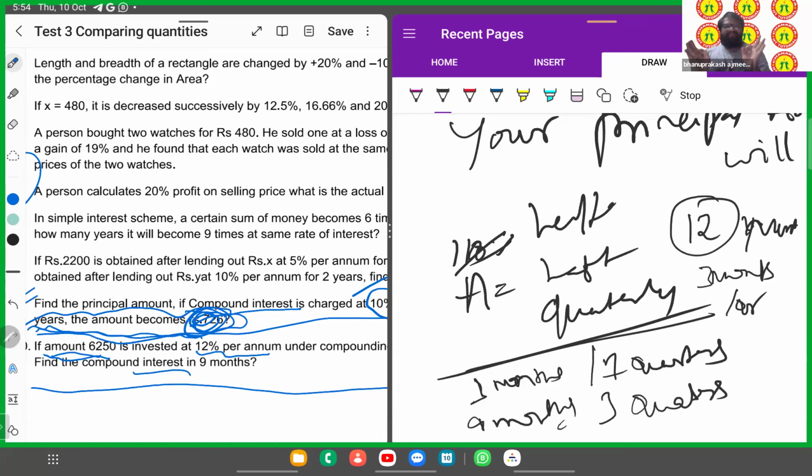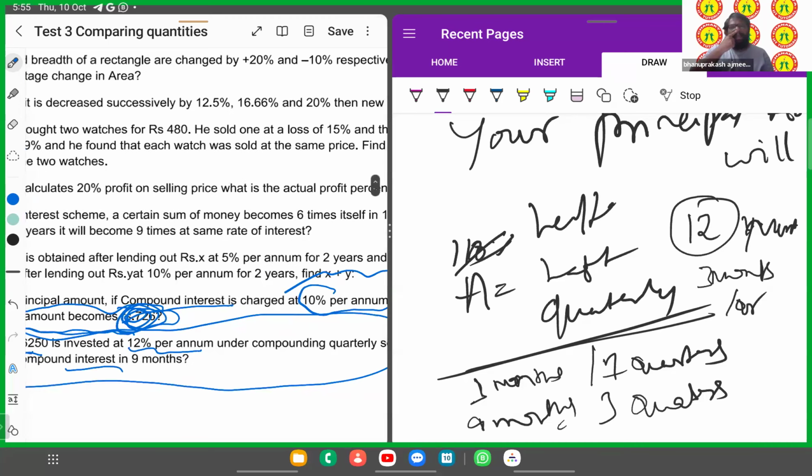So it's clearly evident in the question that finding the compound interest for 9 months means 3 quarters. So you need to do a calculation for 3 quarters. And they said the scheme is calculated quarterly with an interest of 12% per annum.